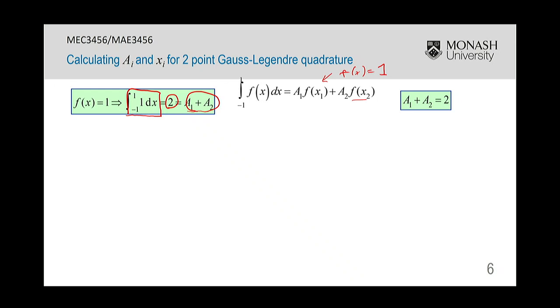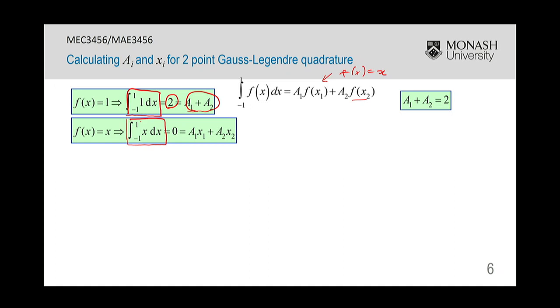We then go up to our rule at the top here and say, okay, let's let f of x equal x. Well, the integral from minus 1 to 1 of x dx is simply equal to 0. And if we plug our function x into the right-hand side, we get a1 x1 plus a2 x2. So our second equation is a1 x1 plus a2 x2 is equal to 0.